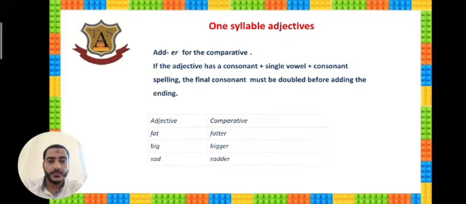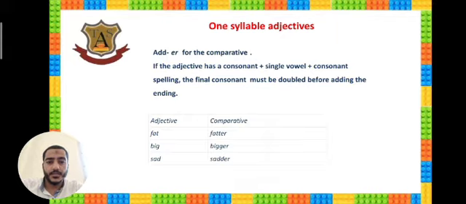So we have to double the last consonant. It will be sadder. She's sadder than me. S-A-D-D-E-R.